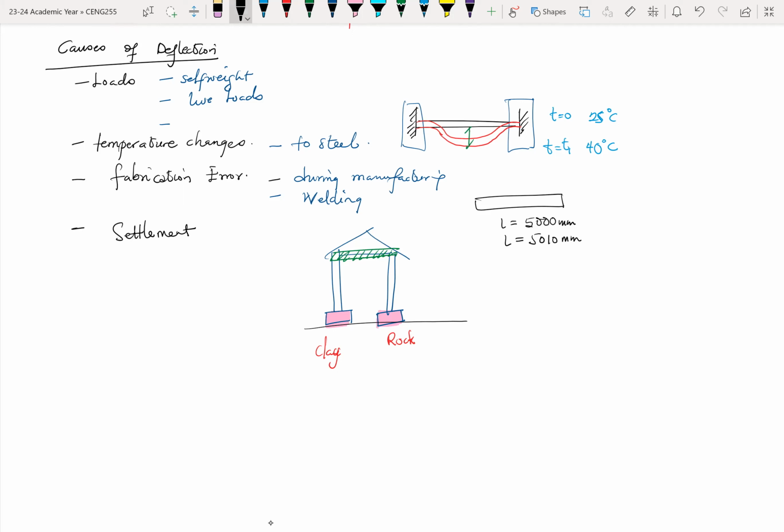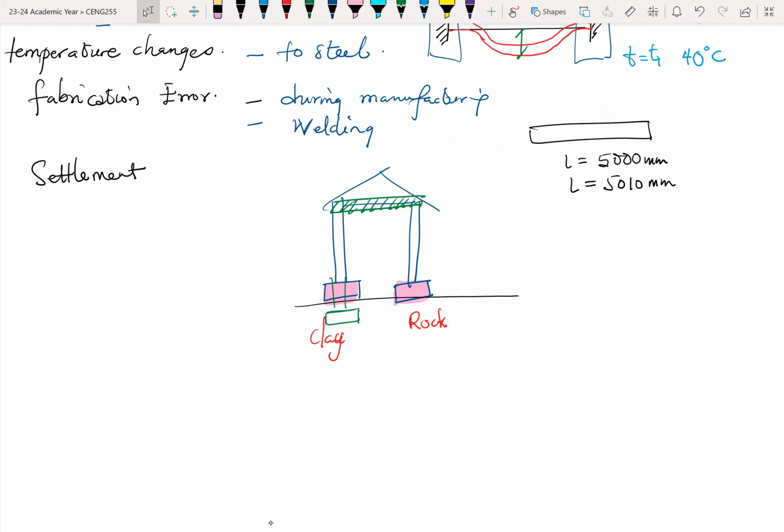So then that begins to affect the clay, which means it's easier for the left footing to displace downwards. Okay, so it moves downwards. Once this moves downwards, it means that your building on the left would also be forced to move downwards, while the building on the right stays upright because it is on a rock.